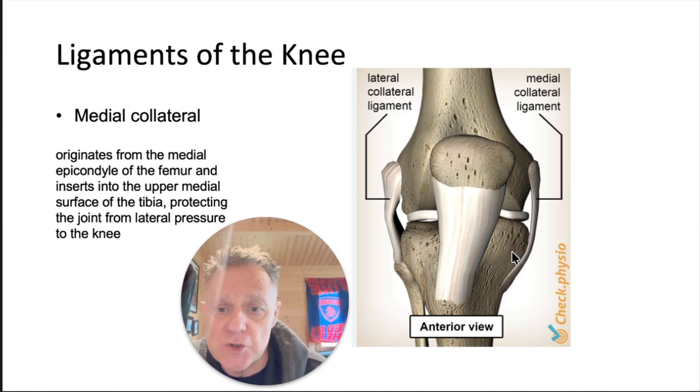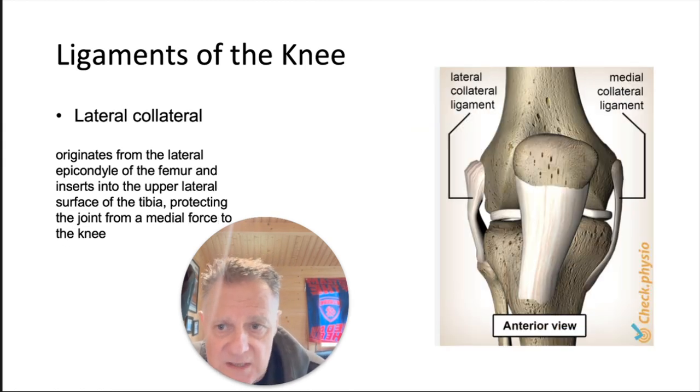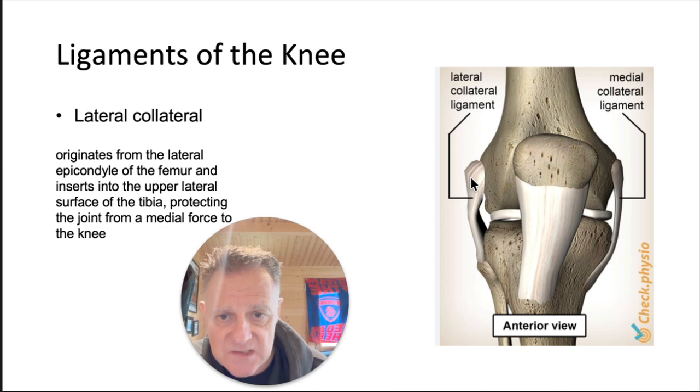And what they will do, if we just look at the medial collateral ligament, the medial collateral ligament stabilizes the knee against lateral forces to the knee, whereas the lateral collateral ligament will stabilize the knee against medial forces to the knee, right? It stabilizes the femur against, well, both tibia and fibula, but let's go for tibia. Stabilize the femur and tibia against a medial force.